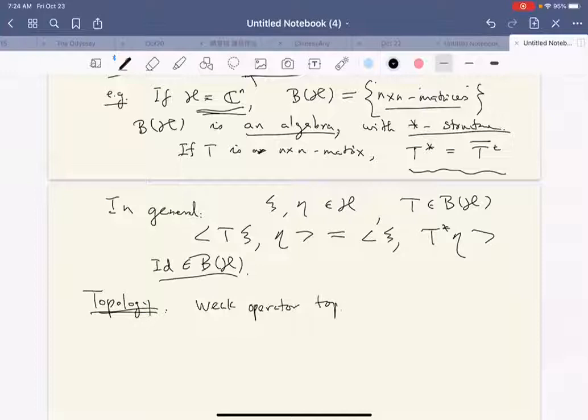Excuse me, maybe before you define the topology, I have one question about the bounded. There's another way to define bounded, at least, as the summation of the absolute value squared of the matrix elements being finite. Would this definition exclude the identity operator? Yes, maybe that's a reason why we don't use that.